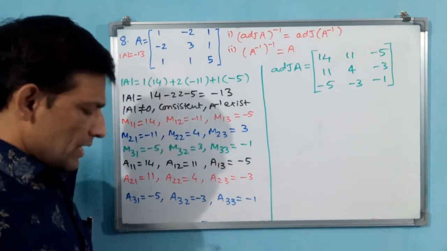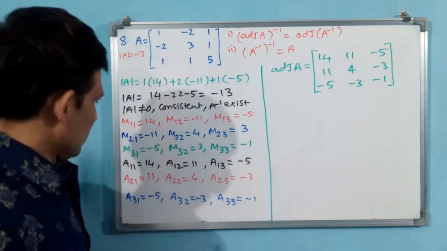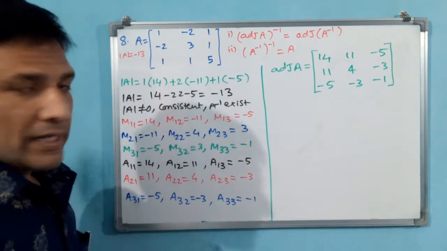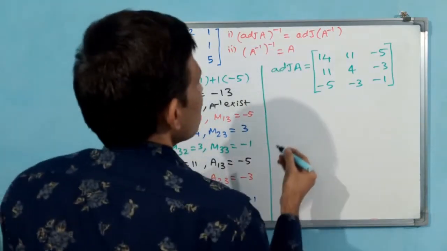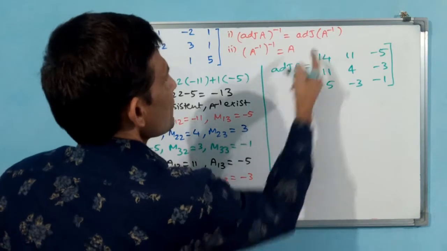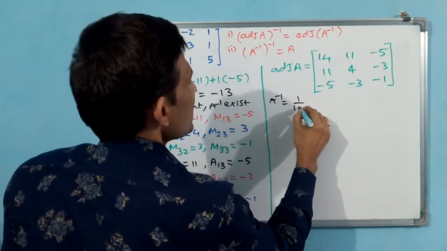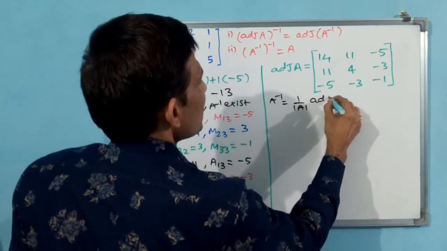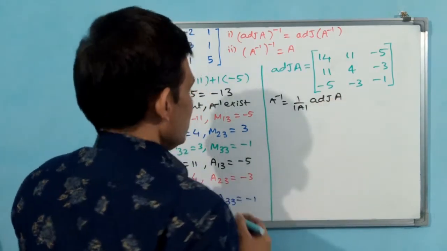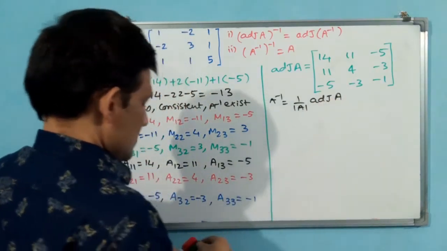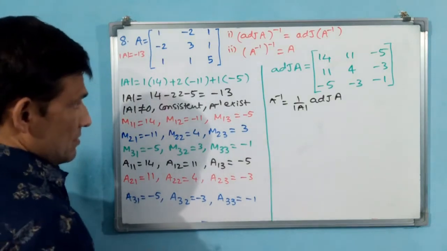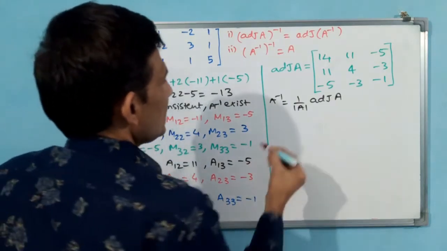Let us do first A inverse. A inverse is equal to 1 by determinant A into adjoint A. Write down again.